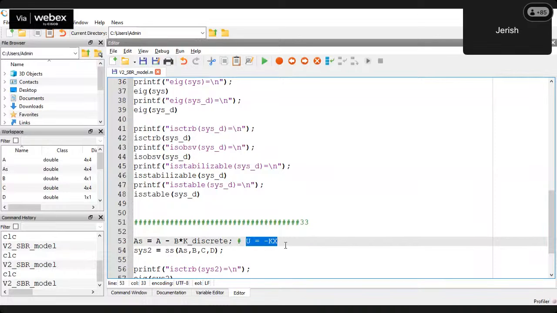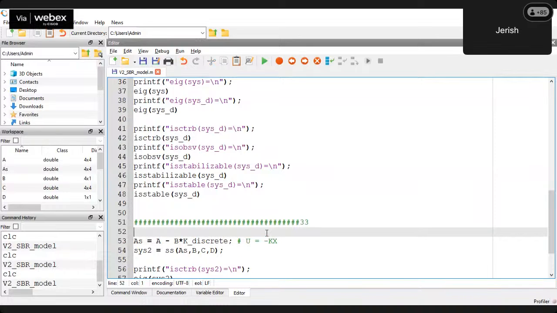By multiplying it to the B matrix, what we get is B into U equal to B into minus Kx, which is minus BKx, right?